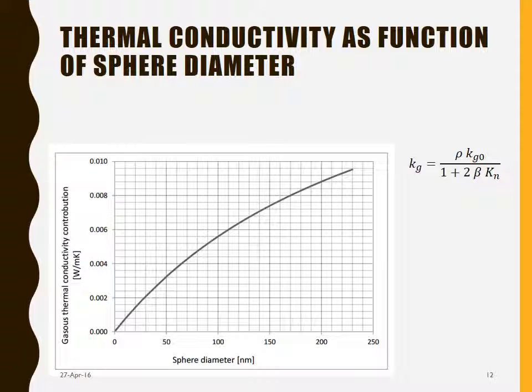So as the diameter of the sphere decreases, Kn value increases and hence kg value decreases. Now beta is a dimensionless constant accounting for the coupling effects of gaseous and solid heat transport arising from the Knudsen diffusion.